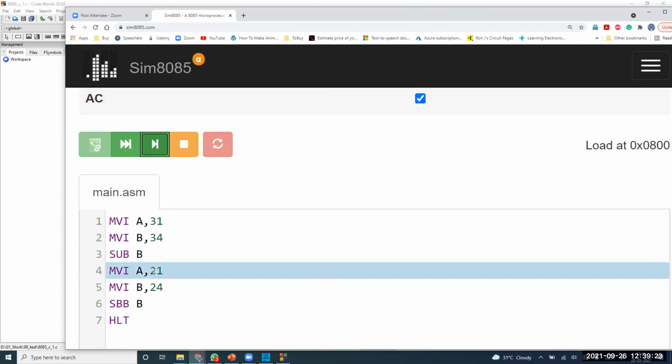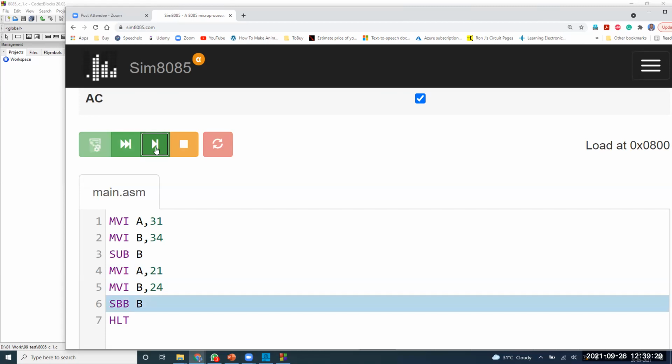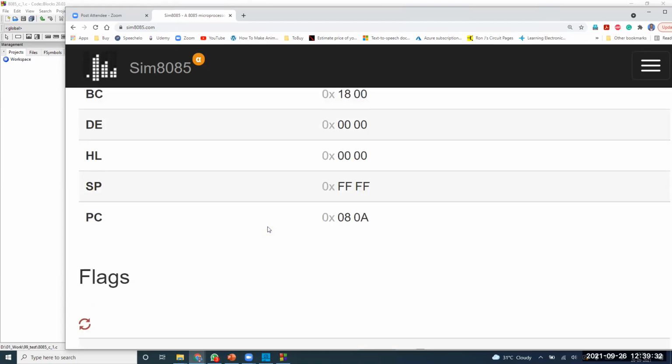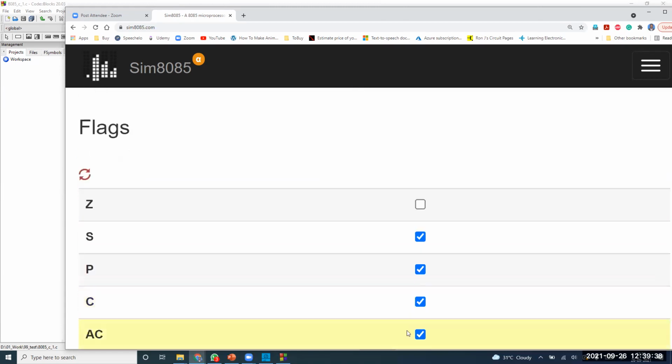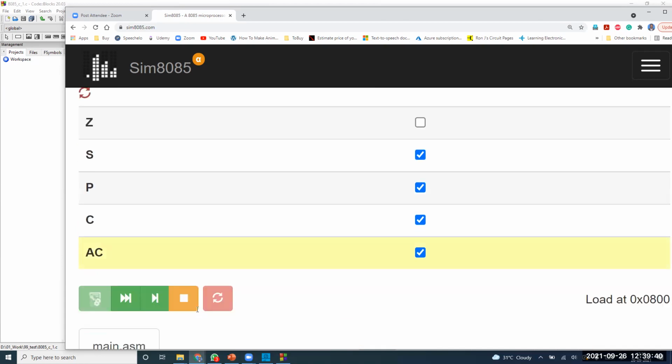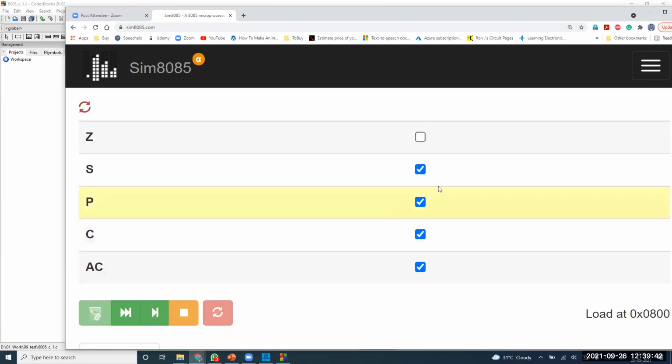So now it will subtract one more number, and it becomes FC. Previous was FD, now it has become FC. If the borrow is 1, it takes that also and subtracts that number. We'll discuss other flags later, like parity and sign.